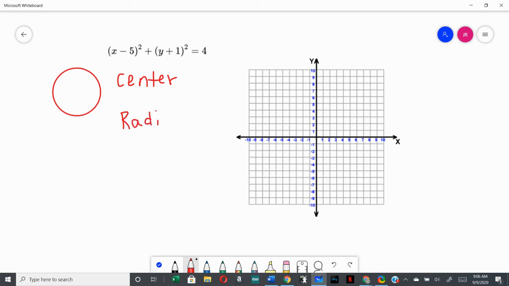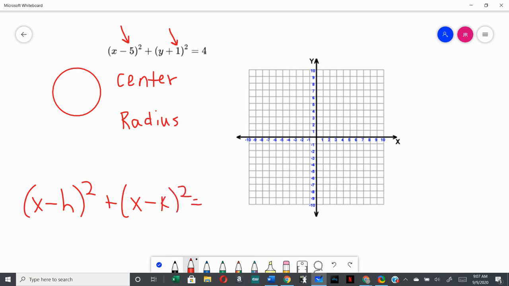The center is (h, k), and remember that the form is (x minus h) squared plus (y minus k) squared equals r squared. If it says plus right here, I have to change that sign, because this is a minus sign. So my center is going to be (5, -1).